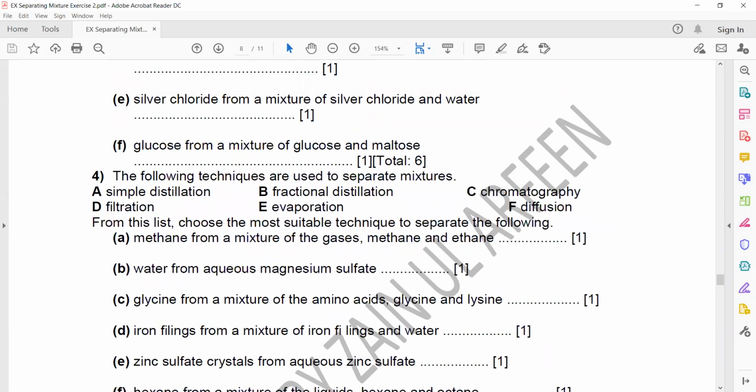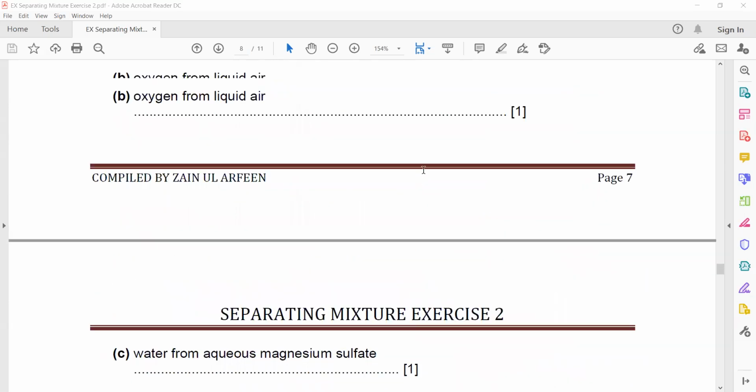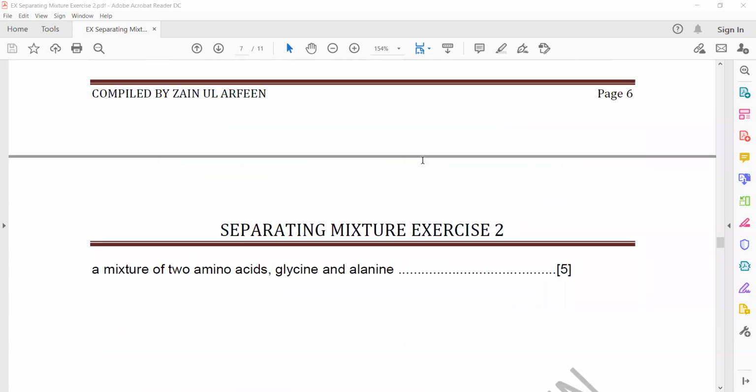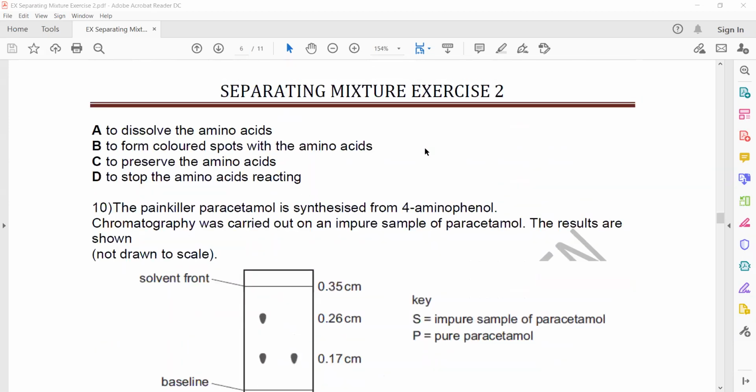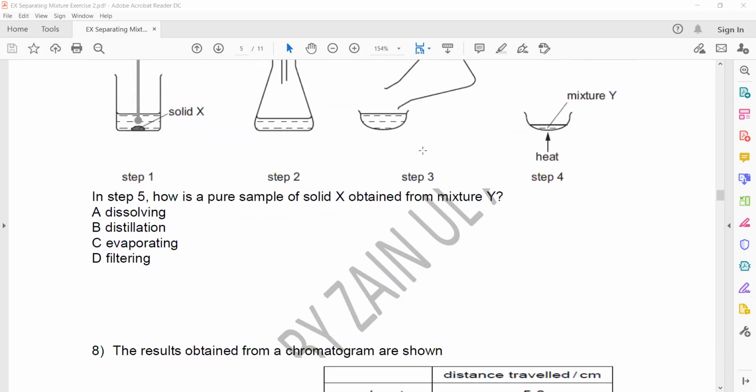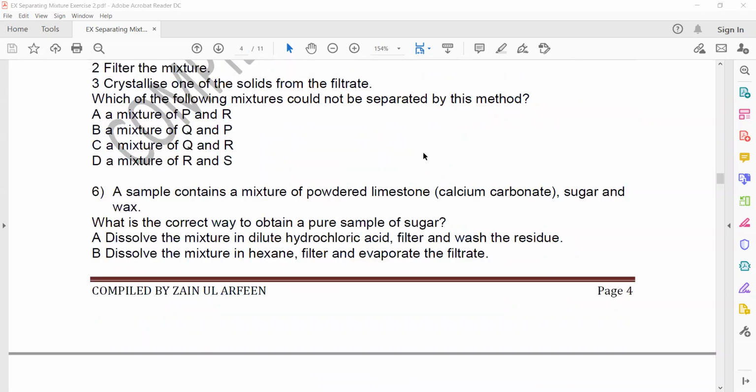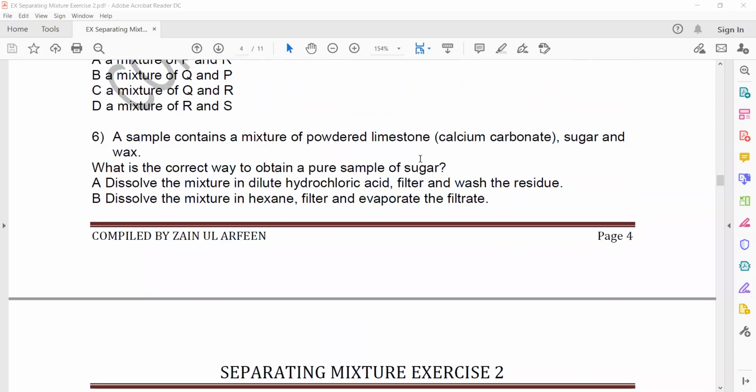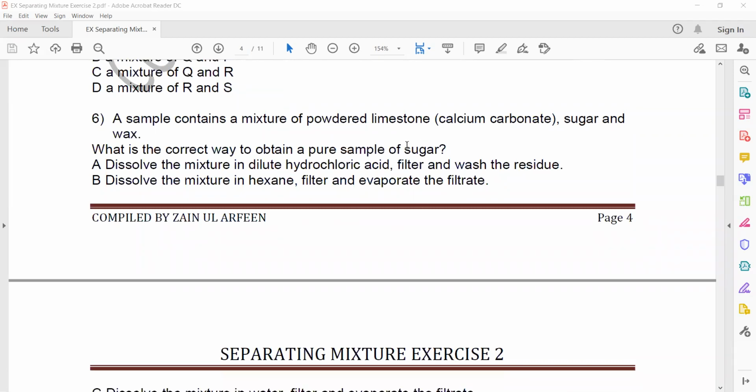Then question number MCQs, question 6. A sample contains a mixture limestone, sugar and wax. Limestone, calcium carbonate, I told you most carbonates are insoluble except sodium, potassium and ammonium.